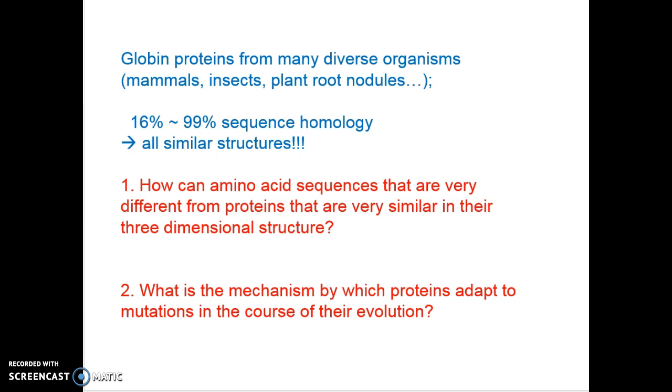First, how can amino acid sequences that are very different form proteins that are very similar in their three-dimensional structure? Second, what is the mechanism by which proteins adapt to the mutations in the course of their evolution?